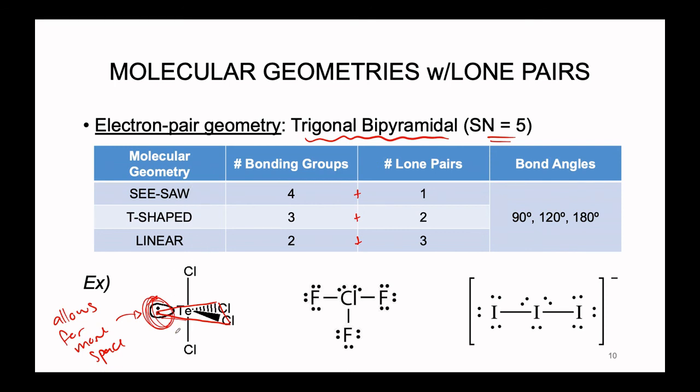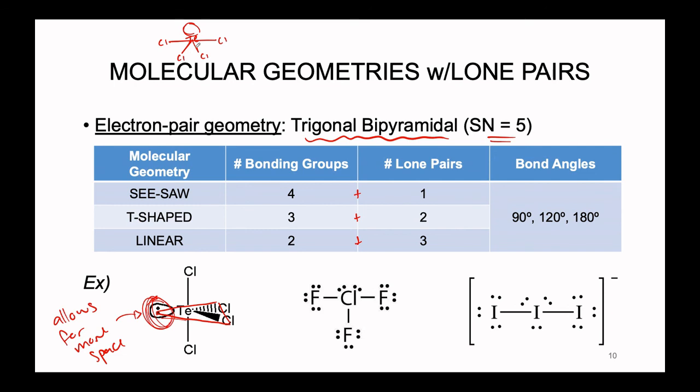If we were to tip this shape over, what it would form is a little seesaw, right? If we had a chlorine down here, chlorine, chlorine, and a little tellurium right at the fulcrum, this is where the seesaw name comes from, and it's the lone pair that's sitting right up here on top.